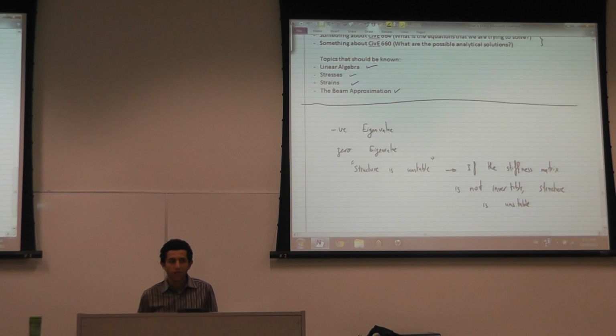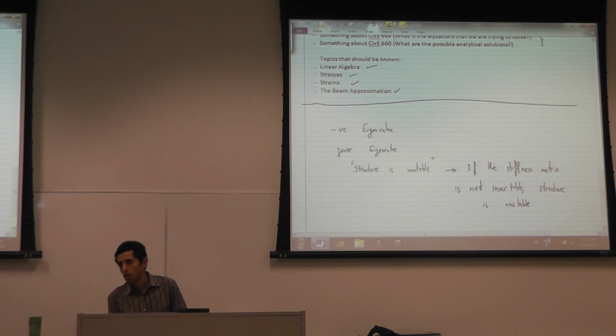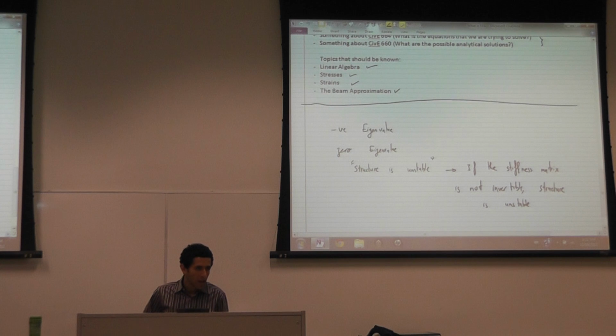And here, we have some mathematical argument. The mathematical argument leads us to a physical argument. So we need to understand what the mathematical argument means, and why it leads to this physical argument that the structure is unstable.